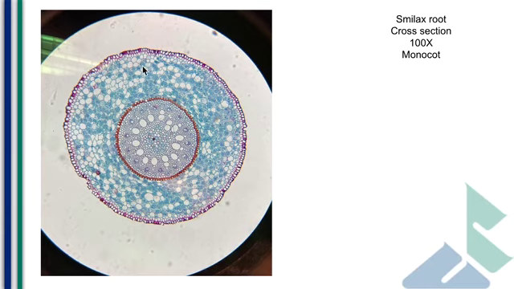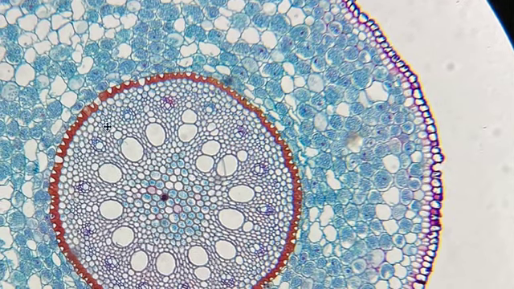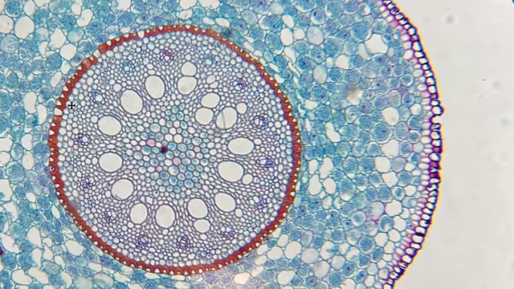Of course, then we also have our cortex, similarly to our buttercup root, and then an incredibly distinct endodermis. So here we have a quite distinct and incredibly thick Casparian strip. You'll notice that this is much more red stained than our dicot root.